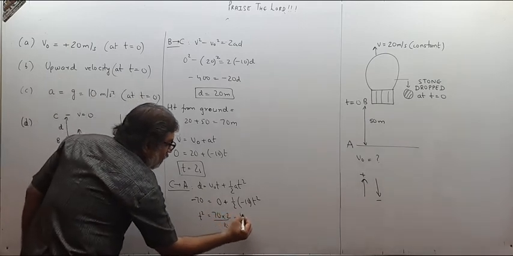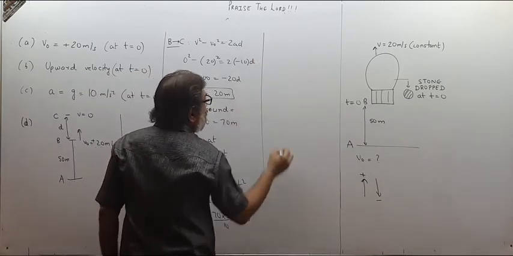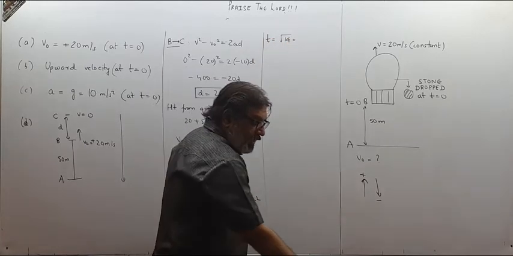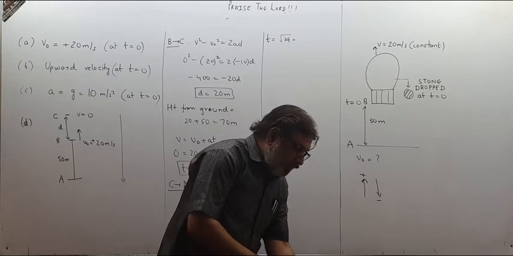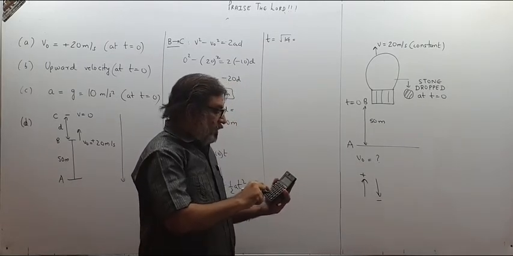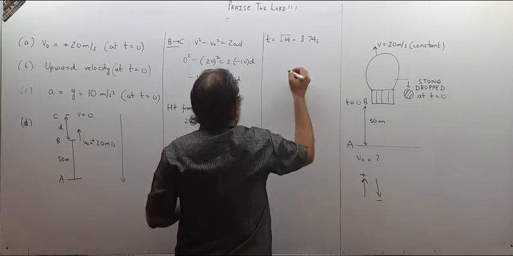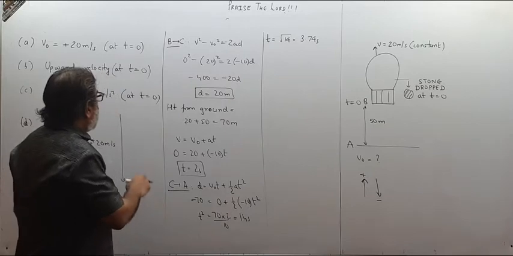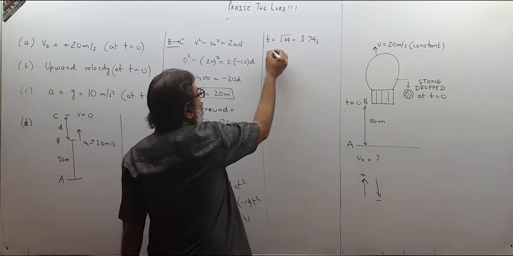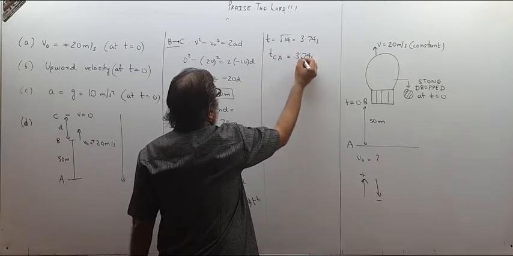So this becomes 14 seconds squared. So the time taken will be equal to root 14, and if you want approximate values, root 14 is 3.74 seconds. So time from C to A is 3.74 seconds. This is the time we get.